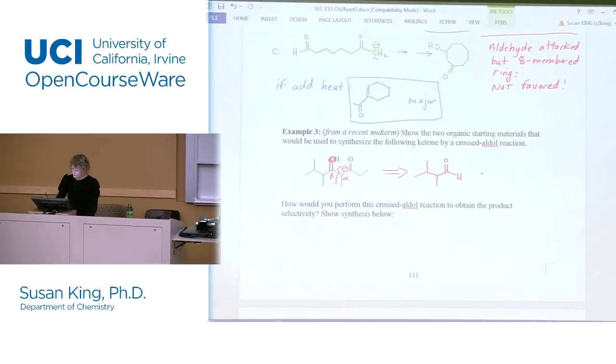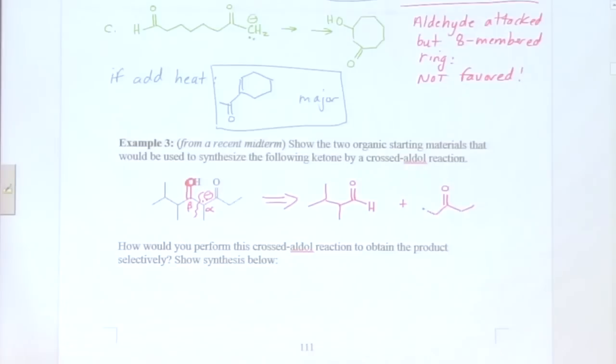So it would be that plus this. So by putting the negative charge in the alpha position, we can see what's the enolate that we really need to make.